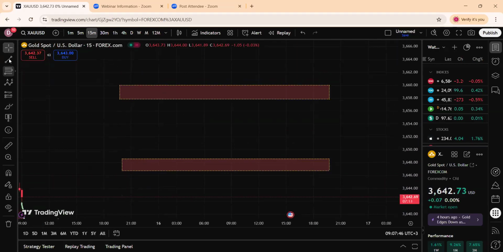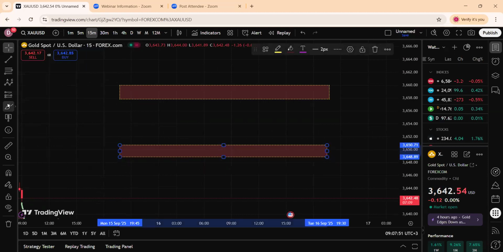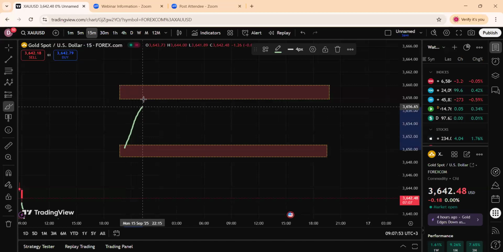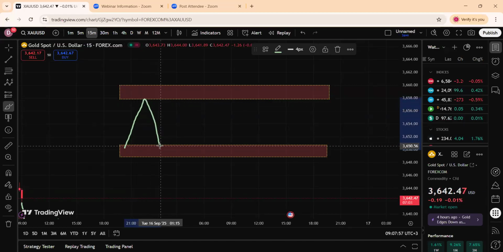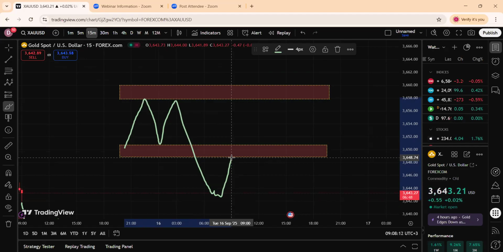So if this is my market, the market came all the way, got rejected at the resistance, came back to support, buy, get rejected from the resistance, break the support, creates a new support here, goes back to the previous support, which now will become the resistance.